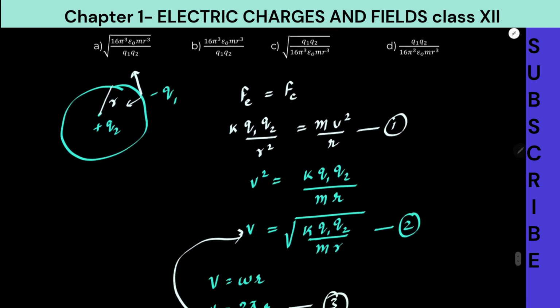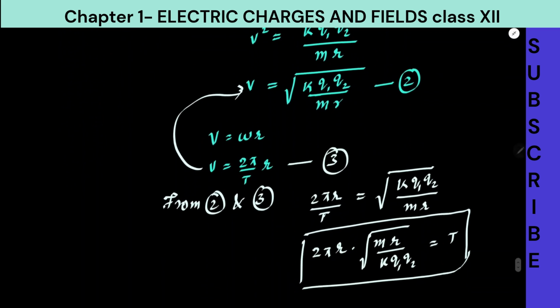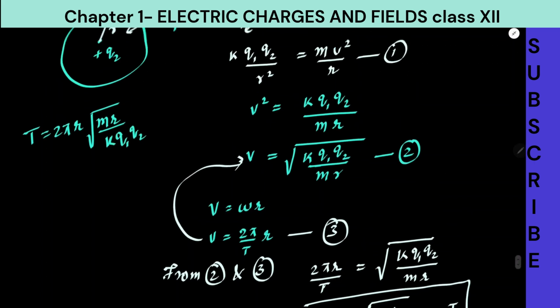Oh great, we don't have it. Okay, so let me put it on the top so that we can compare. So we got our time period as 2 pi r root under mr upon k q1 q2.